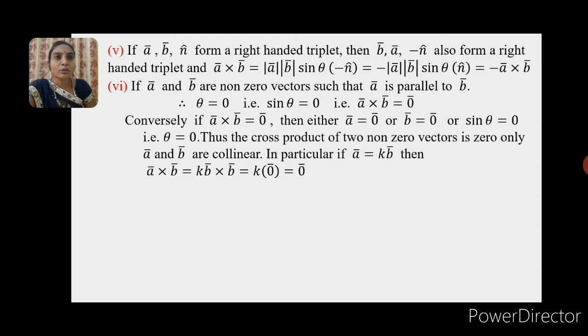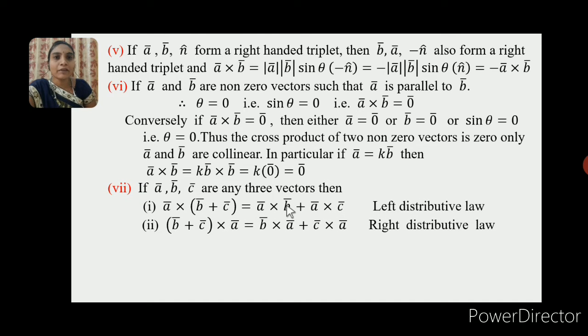Thus the cross product of two non-zero vectors is 0 only if A bar and B bar are collinear. In particular, if A bar is equal to K B bar, then A bar cross B bar is equal to K B bar cross B bar, which is K in bracket 0 bar, equal to 0 bar.